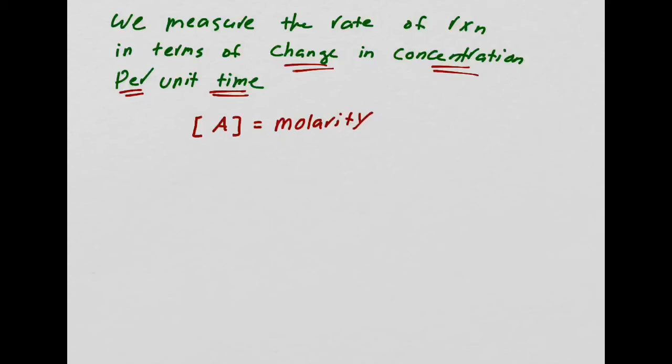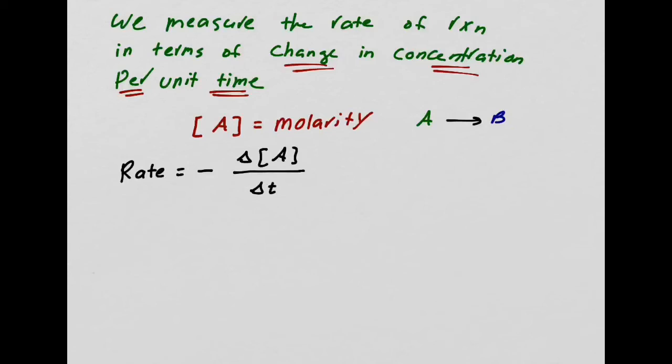So we're going to do this together. We measure the rate of the reaction in terms of change in concentration per unit time. So rate is going to equal minus delta [A] over delta t. Okay? Now, don't forget, the reaction we were just talking about on the last page was A going to B, right?